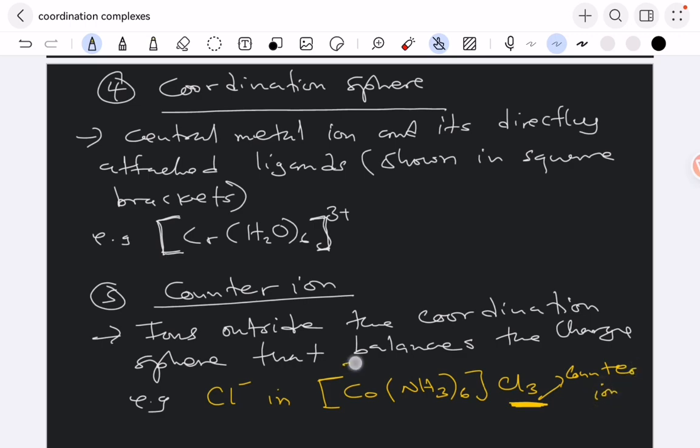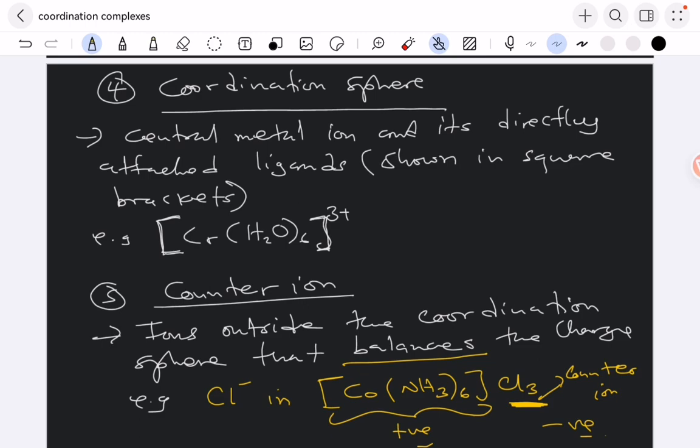Its job is to balance the charges. So if this is positively charged, then that should be negatively charged to balance the charges in the complex.